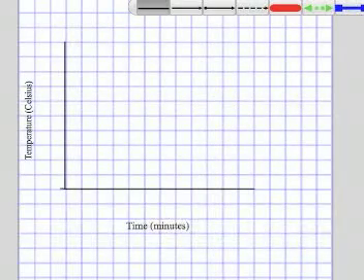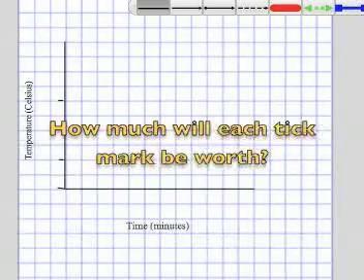And I'm going to start with 20, and then every 2, I'm going to make an additional mark that I will later label with a specific interval. Can you guess what my interval is going to be on each of these little tick marks?